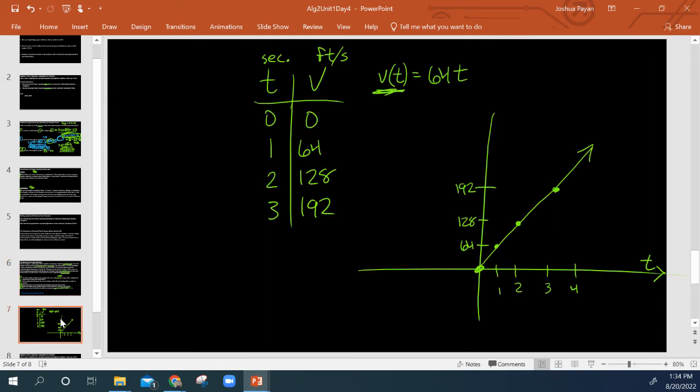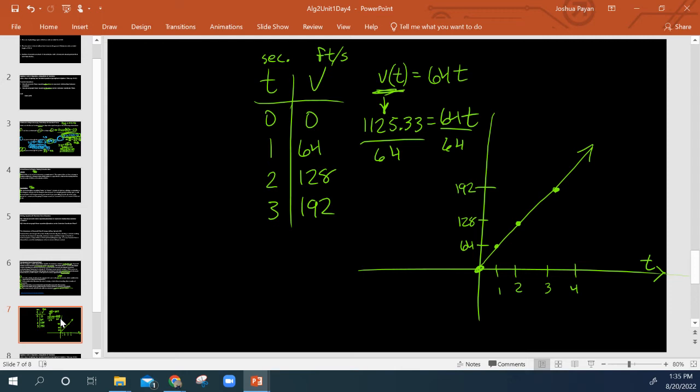So instead of v of t, we're going to say 1125.33 equals 64 times the number of unknown seconds it would take. To figure that out, we would divide by 64. Again, I need my calculator here. 1125.33 divided by 64.